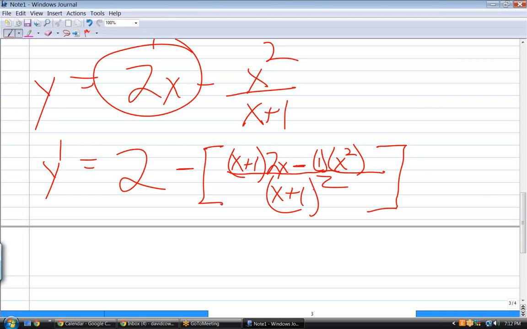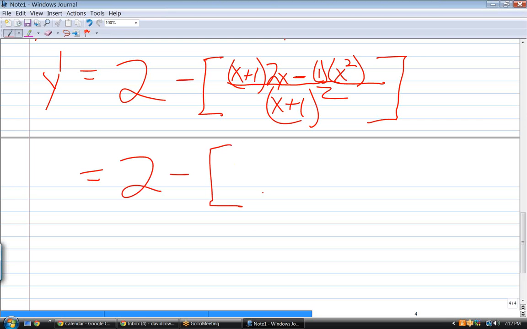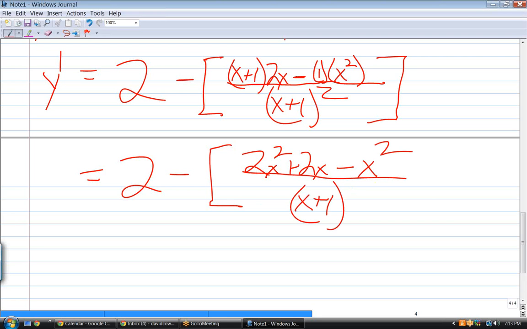A lot of times you can get in trouble if you go ahead and expand that out because you won't see then that you can do some canceling. So let's leave the brackets, simplify the numerator. That simplified to 2x squared plus 2x minus x squared all over x plus 1 squared.